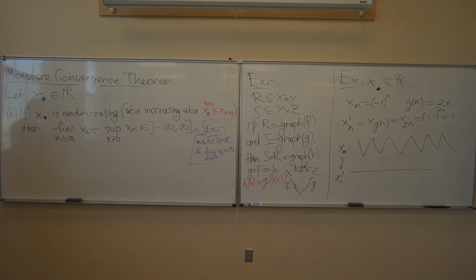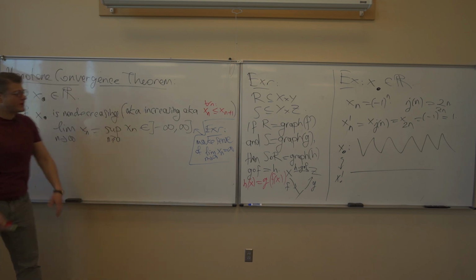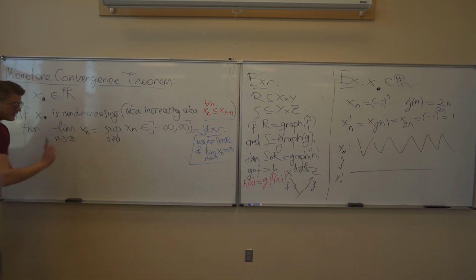Now this statement in particular says that if x is non-decreasing and furthermore the sequence is bounded from above, in other words, its tail is bounded from above, then its limit is the supremum, which is a finite number. And of course, a similar statement holds if it is non-increasing.